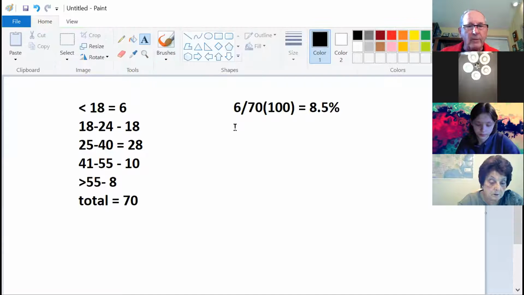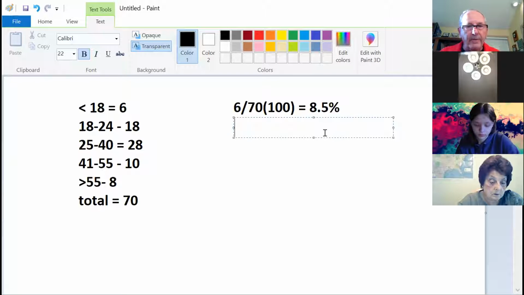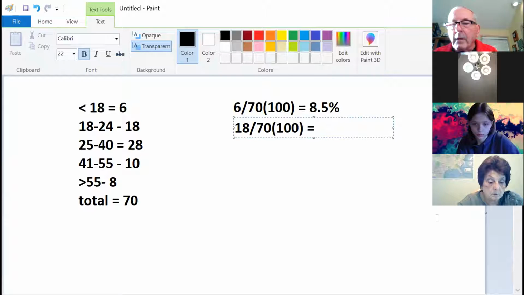And then you do the second one. In 18 to 24, you say 18 divided by 70 times 100. And what's 18 divided by 70?